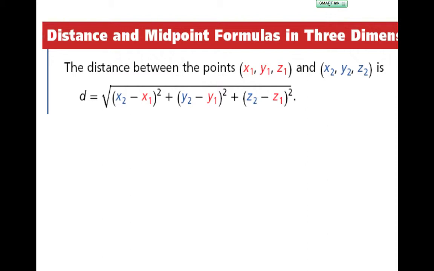How far are these 2 points apart? You can do the distance formula with this endpoint and with this endpoint and see how far they are apart. That distance formula simply is like the one we had, but it also has the z component to it. Is that in your notes?